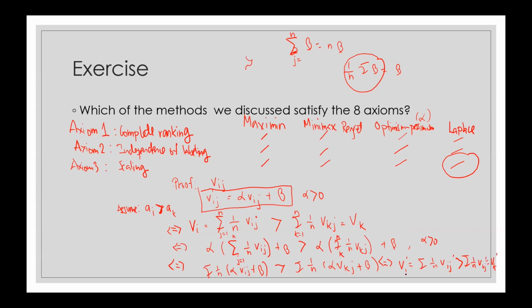So this just shows that even if we apply the scaling, it implies that Vi prime is greater than Vk prime. So this proves that Laplace is independent of scaling, or the preference is not affected by the scaling. That's nice. So that's our short proof that Laplace actually satisfies the scaling.